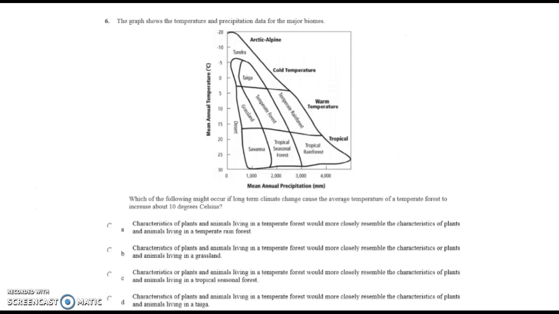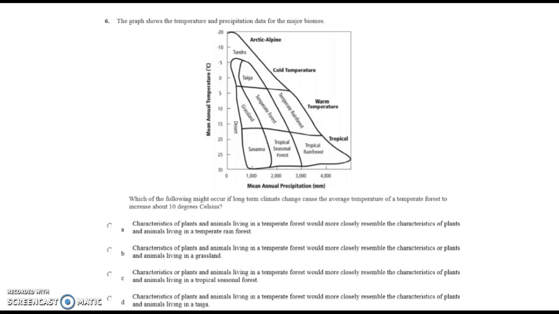Question 6. The graph shows the temperature and precipitation data for the major biomes. Which of the following might occur if long-term climate change caused the average temperature of a temperate forest to increase about 10 degrees Celsius? A. Characteristics of plants and animals living in a temperate forest would more closely resemble the characteristics of plants and animals living in a temperate rainforest.